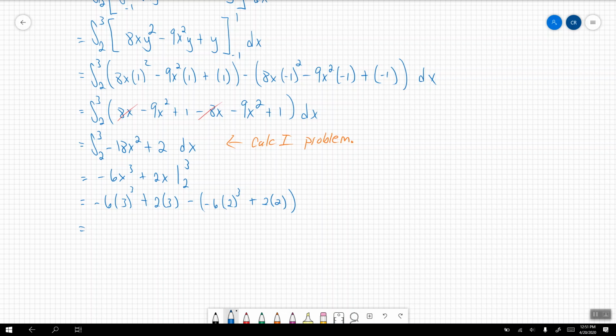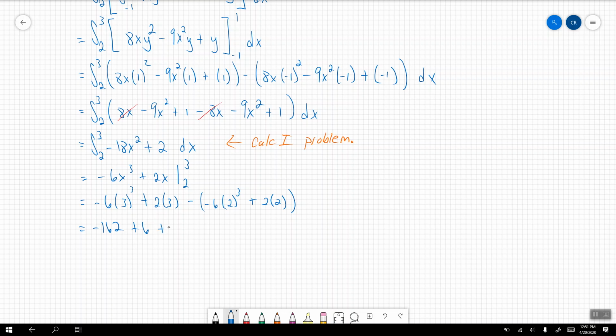All right. And then all we're going to go through is evaluate all this. So 3 cubed, that should get us 27, times 6, that should get us that negative 162. Nice. And then we're going to get plus 6. Then here, again, 2 cubed, that's going to get us 8. And then 8 times 6, that should get us 48.